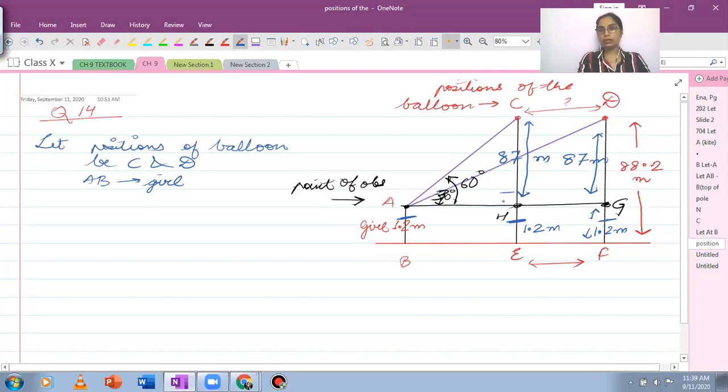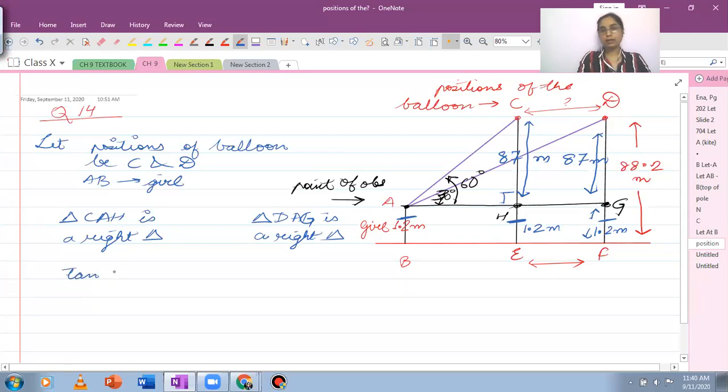So I've got a right triangle CAH. And then you can start applying the trigonometric ratio which will be suitable. The second right triangle I'm going to use is DAG. And I'm going to use the trigonometric ratio tan.